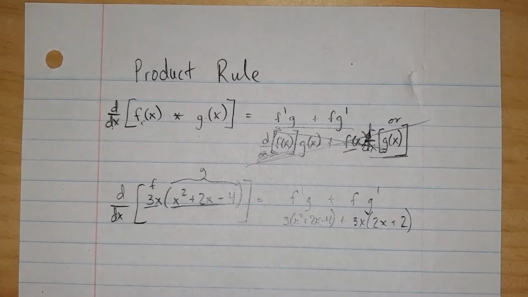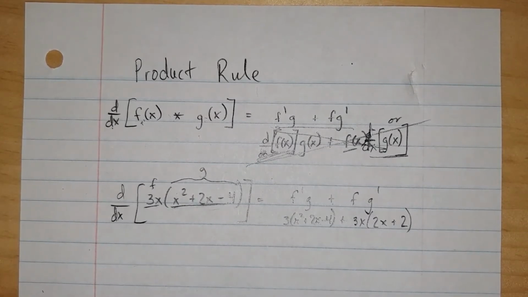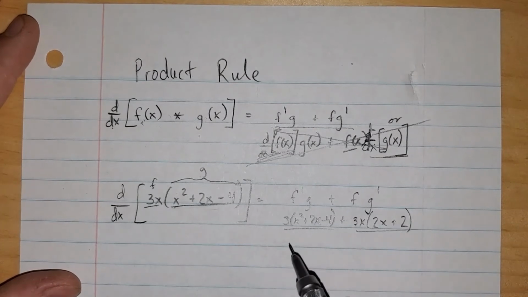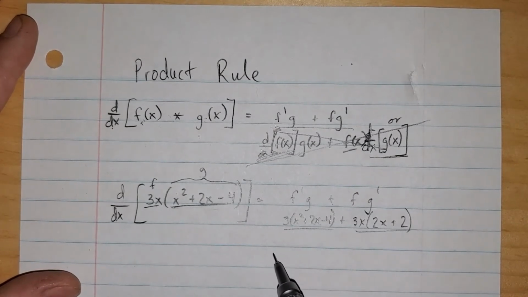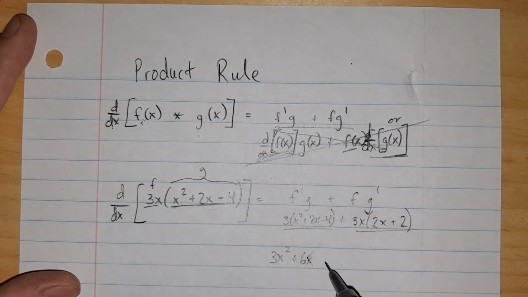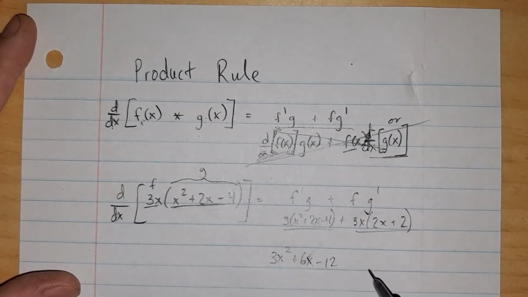Okay? Now we have to combine like terms. So to do that, we're going to distribute here, and we're going to distribute here. If I distribute here, I'm going to get 3x squared plus 6x, plus 6x minus 12.